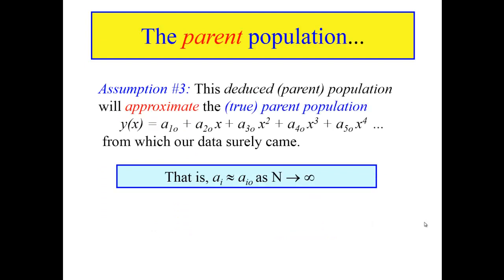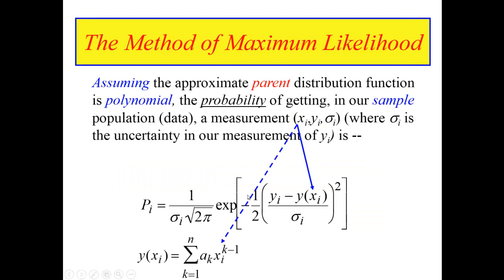And finally, we will assume that that most likely parent population approximates the true parent population that the data surely came from. In other words, the fitting parameters, a1, a2, a3, and so on, will approach, as we have a large number of data points, the parameters that characterize the true parent population.